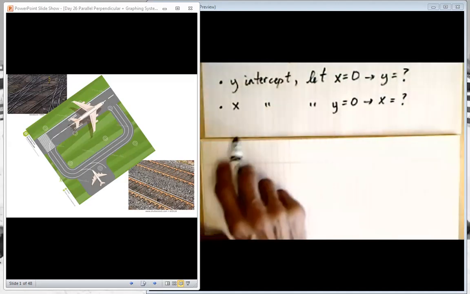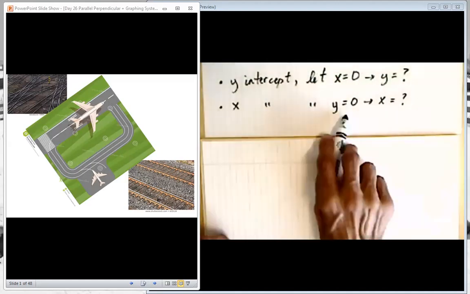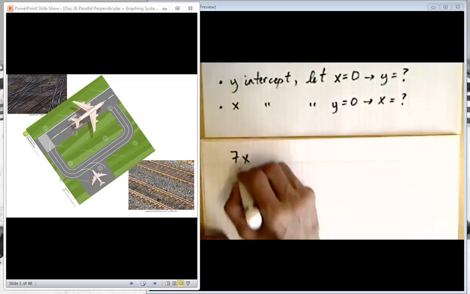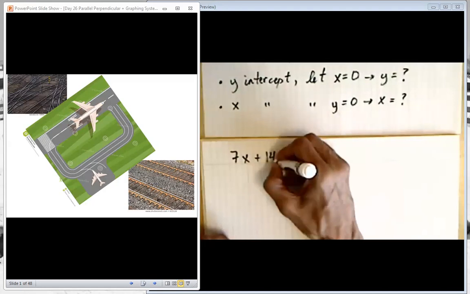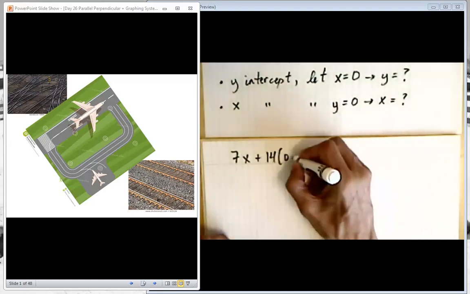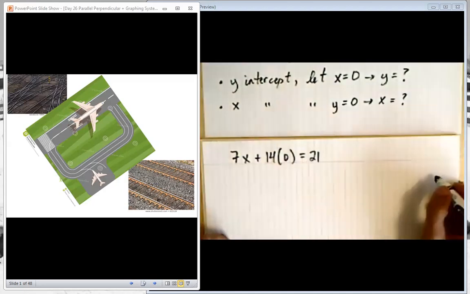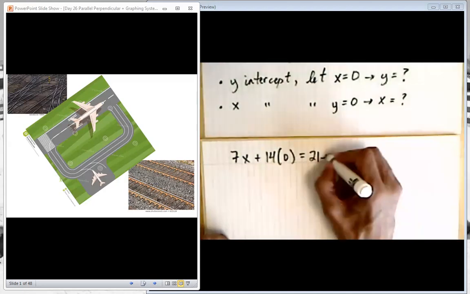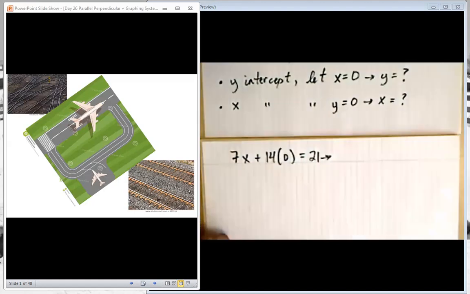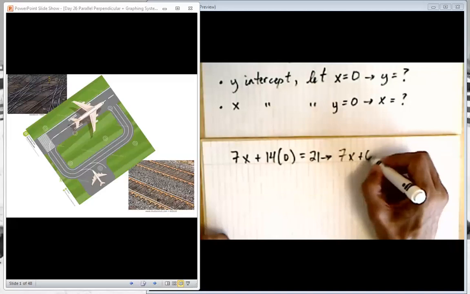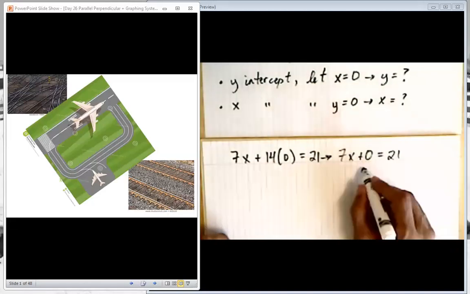So for the x-intercept, you let y equal 0. That means the x stays, which is good. That's what we're going to solve for. And the y gets switched out. 21. What's the next step? What do we get? Officially plus 0. We could leave that off if you want.